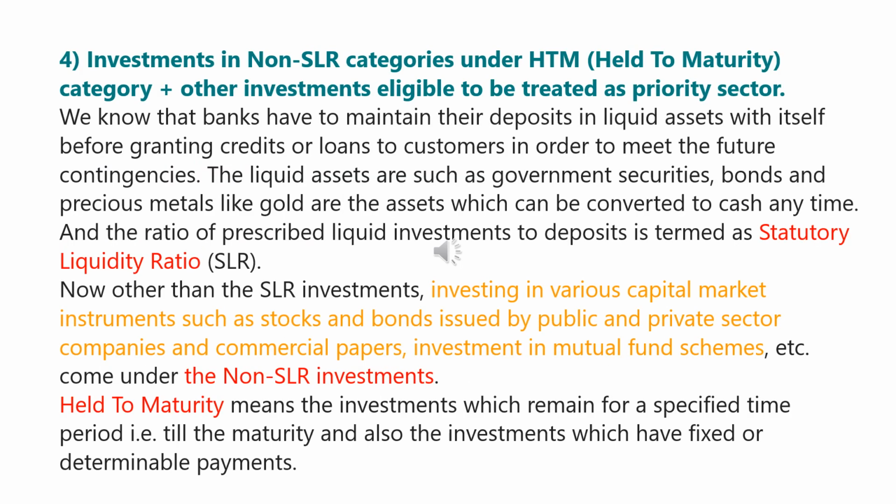Point number 4: investments in non-SLR categories under the HTM, held to maturity, category, plus other investments eligible to be treated as priority sector. We know that banks have to maintain their deposits in liquid assets with themselves before granting credits or loans to customers, in order to meet future contingencies.